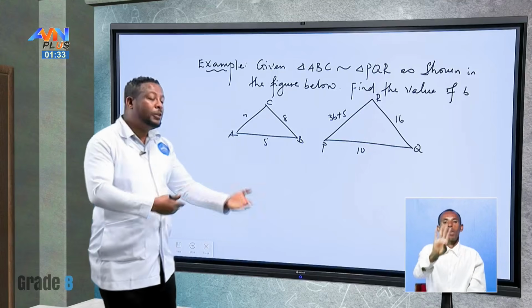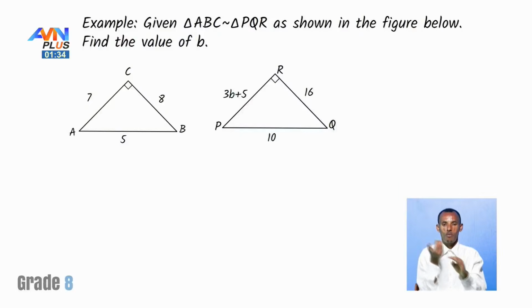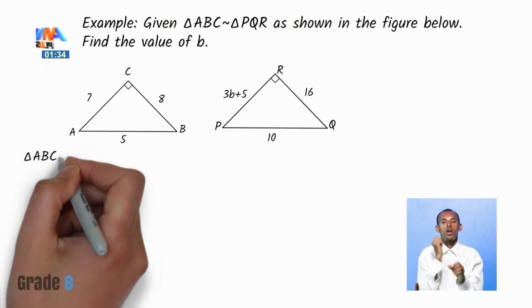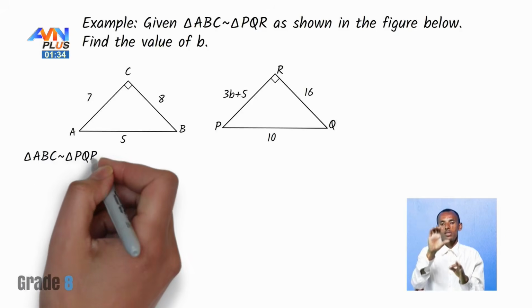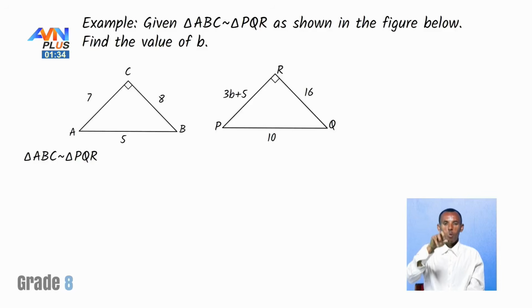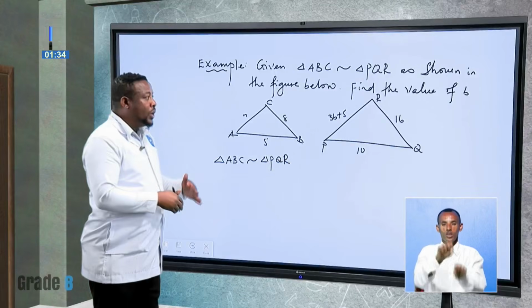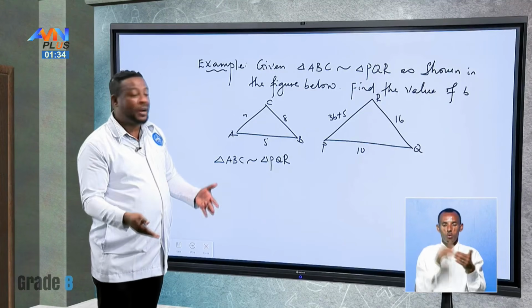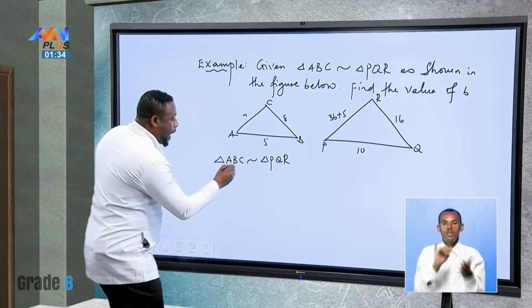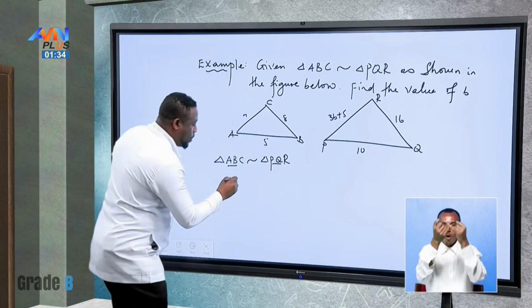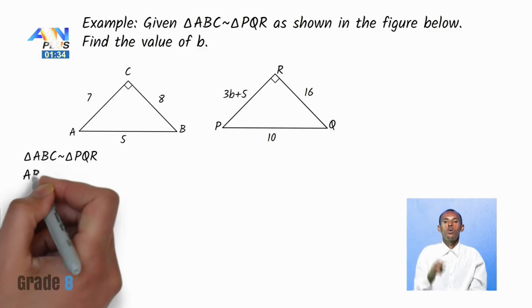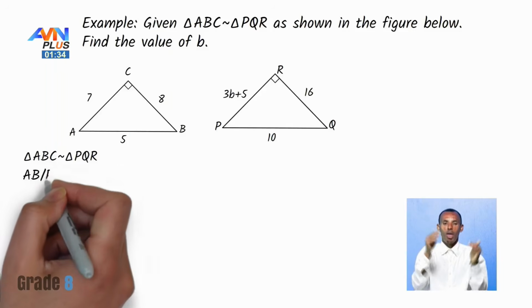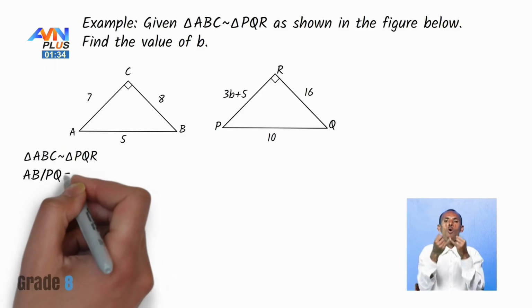As we did before, the first thing that you need to do is putting ABC is similar to PQR. So now you can take the ratio of the corresponding sides are equal. That means AB over PQ must be the same as BC over QR.